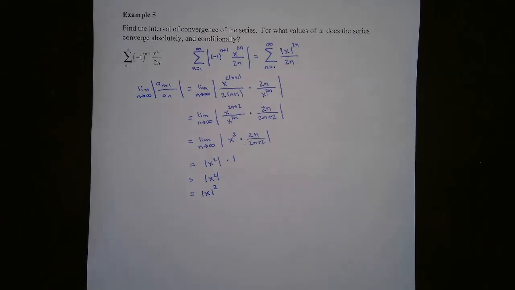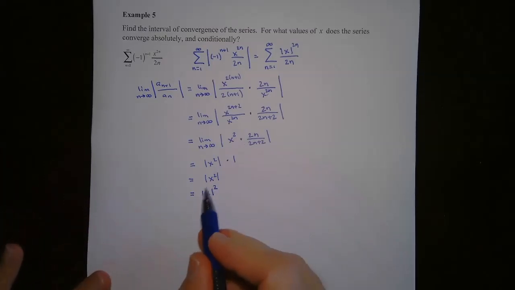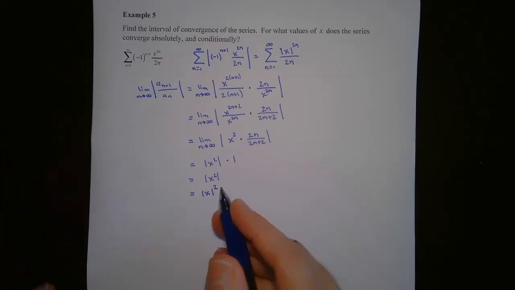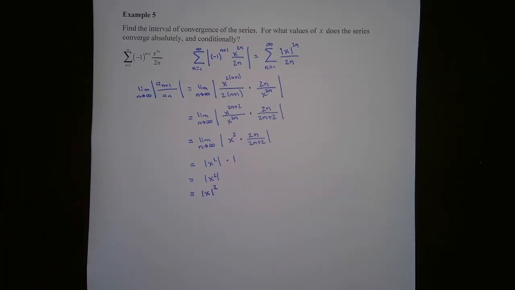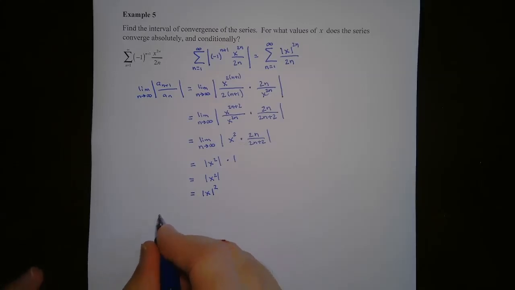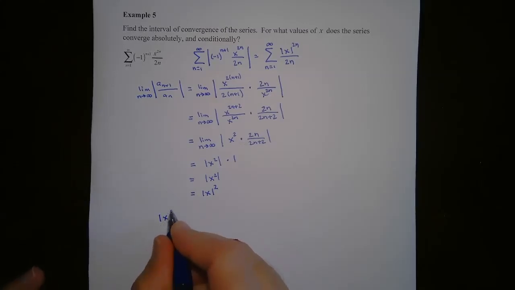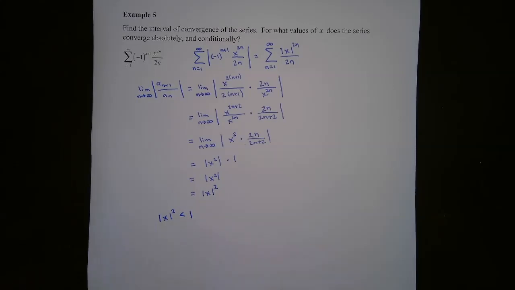Okay, so now, when will this converge absolutely? Whatever we get out of this is going to converge absolutely when the absolute value of x squared is less than 1, okay? All right, so what you can do is square root both sides, right?